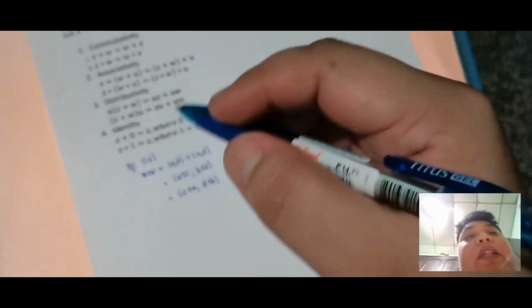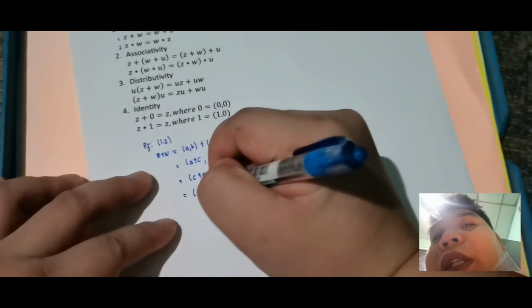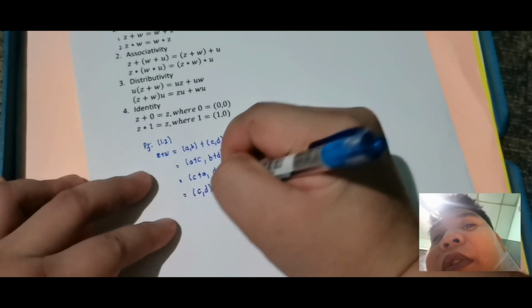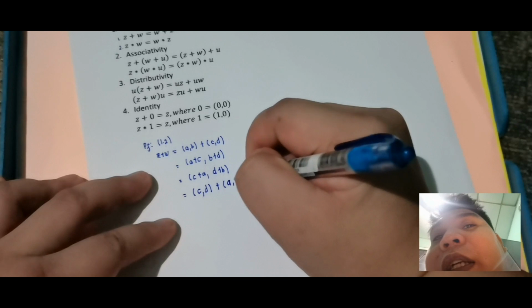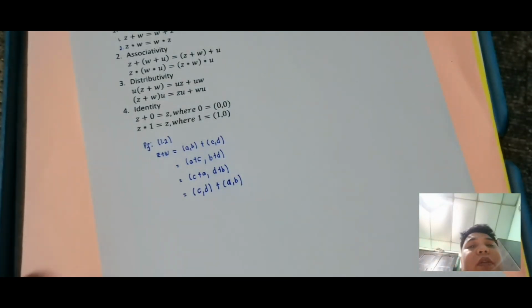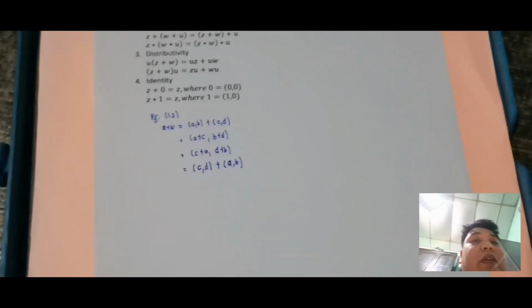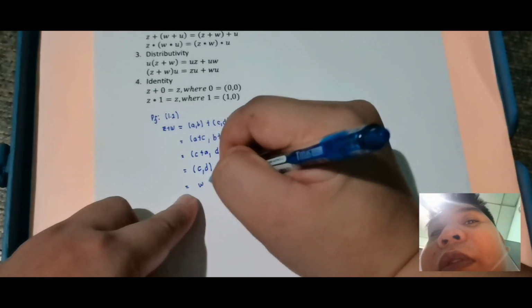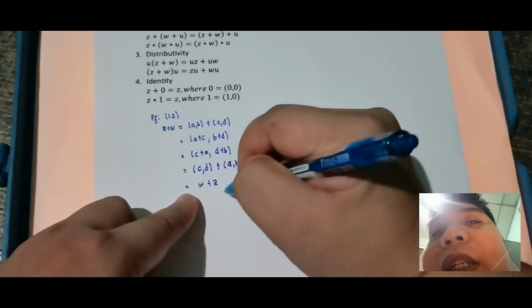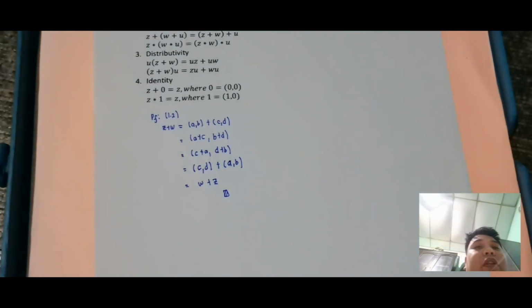So, that is equal to (C, D), okay, then plus (A, B). So, meaning, pag pinag-add ko yun, ayun yung result. So, ang ginawa ko lang, pinaghiwalay ko lang siya sa part na yan. So, therefore, this is equal sa W plus Z. And this is done. Okay?